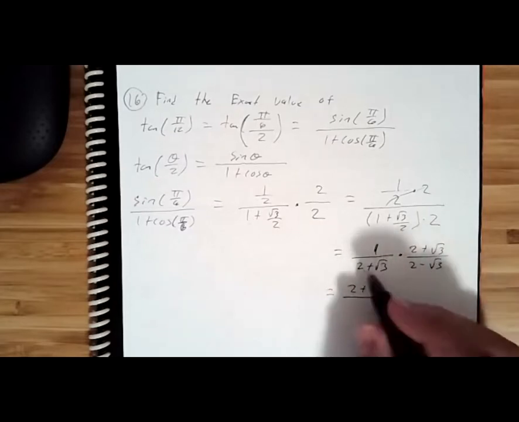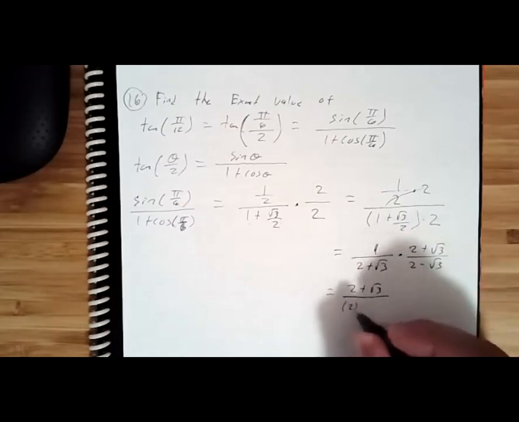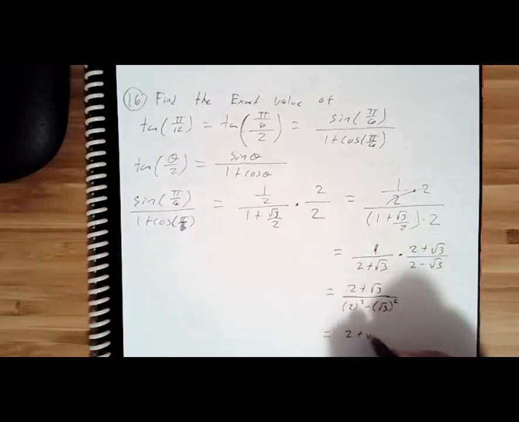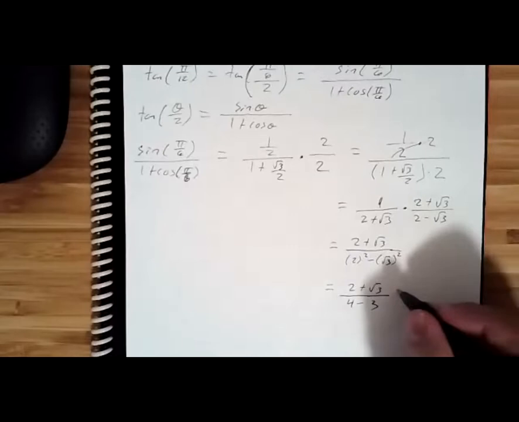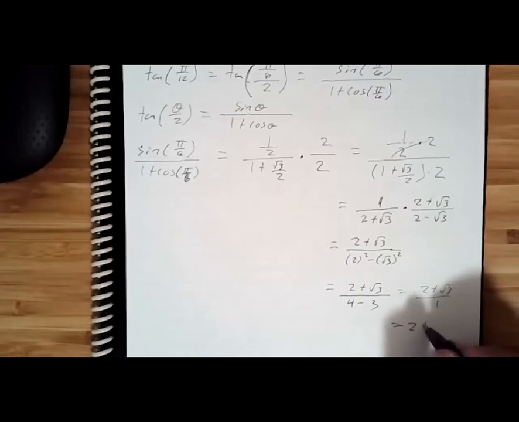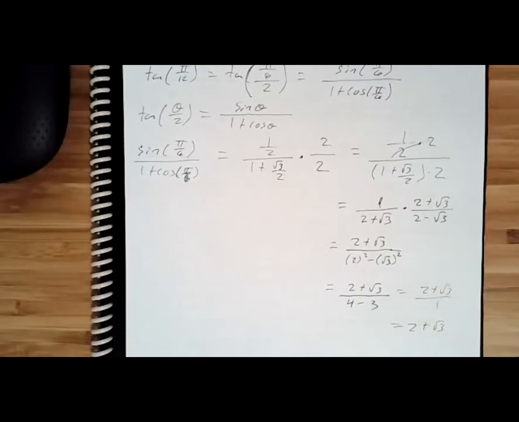The bottom will become a difference of squares: 2 squared minus root 3 squared, which is 4 minus 3, so we end up with 2 minus root 3 over 1, which is our answer. Yeah, I think it should be a minus.